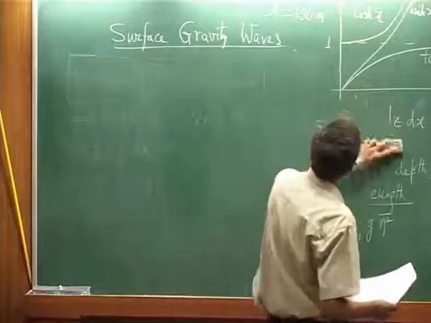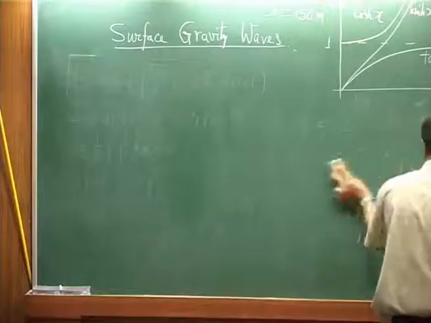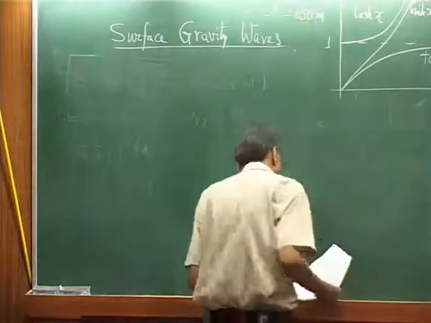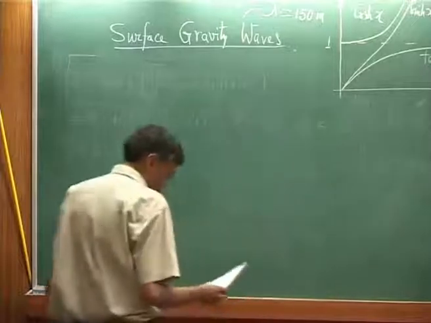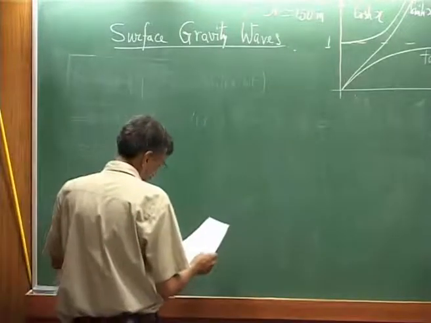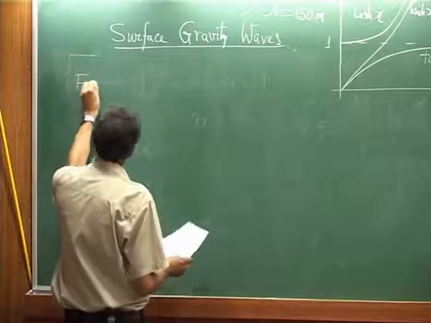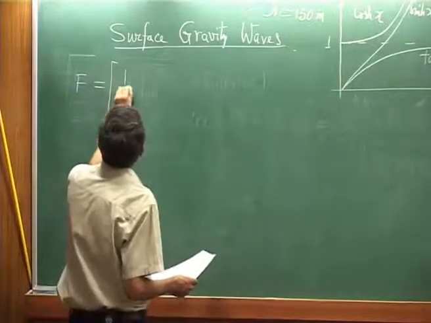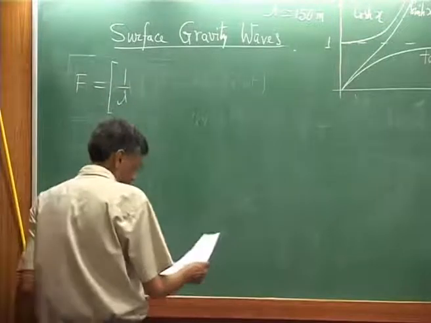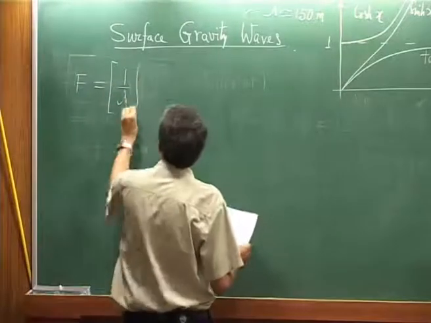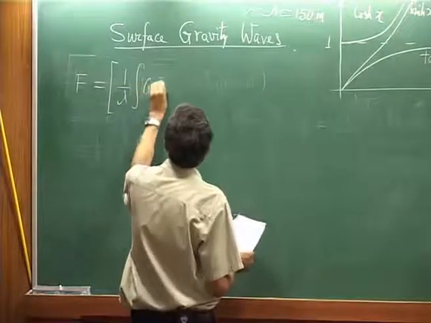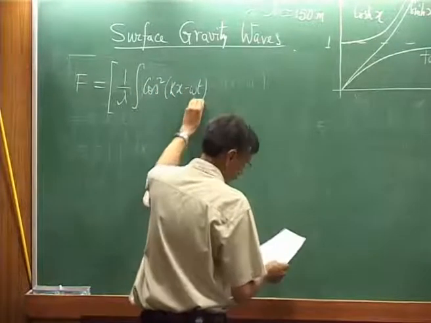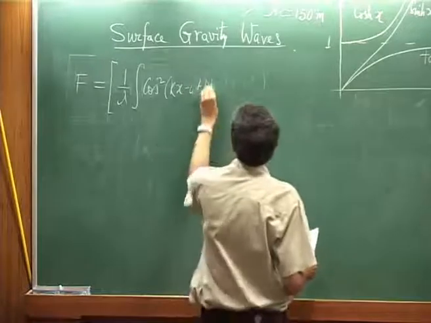You would note that the flux F that we have written would have the x dependent part, cosine square (kx minus omega t). This is your x integral.